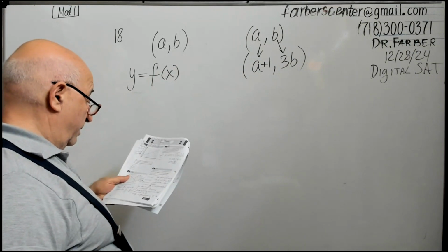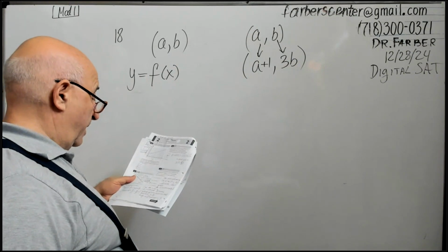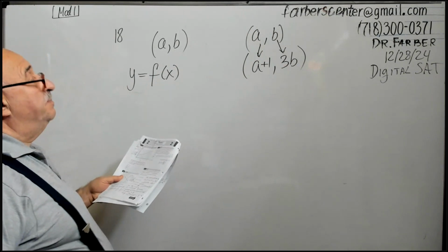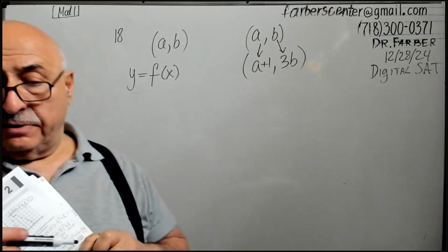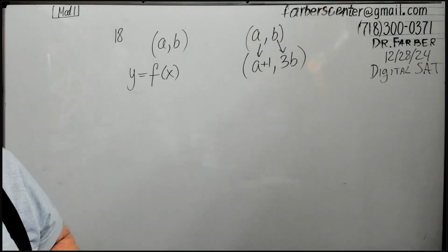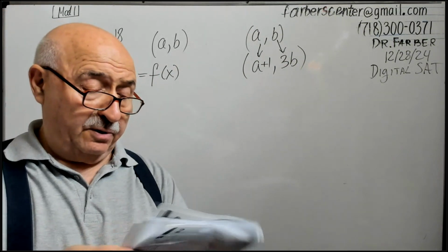Only C. Why? Because in C, the base is 3. That's it. So easy. Who understands this 100%? Just analyze a few seconds of the question, right? Next is 19. What is 19?